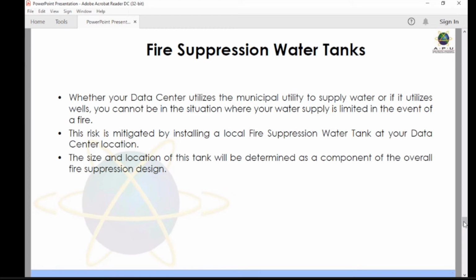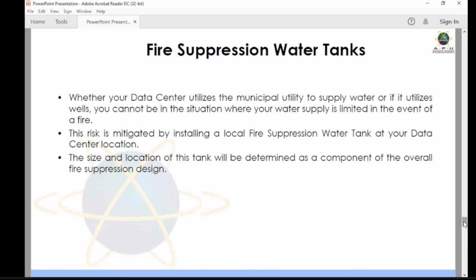Now, you can't just wait for that water to come, so you have to have separate water tanks, okay, for fire suppression. As a fire suppression water tank, you should have your own tank, okay, installed at the data center. The size and location of this tank will be determined as a component of overall fire suppression design. How big a tank to keep depends on what type of fire suppression you choose.